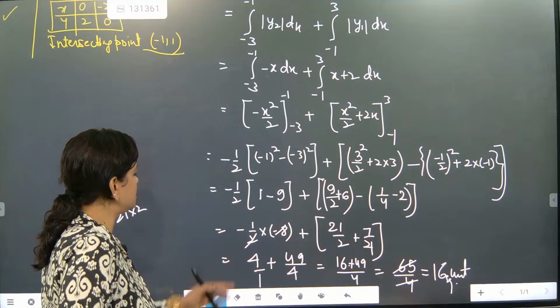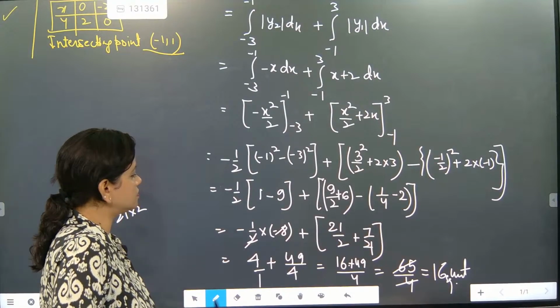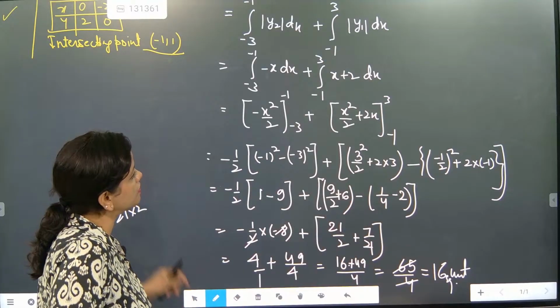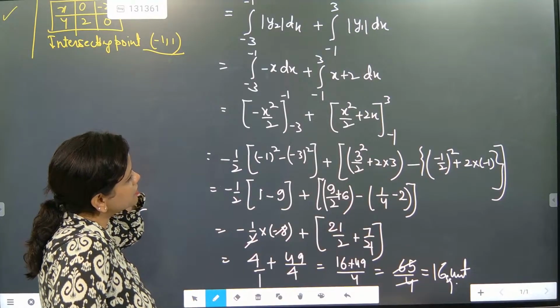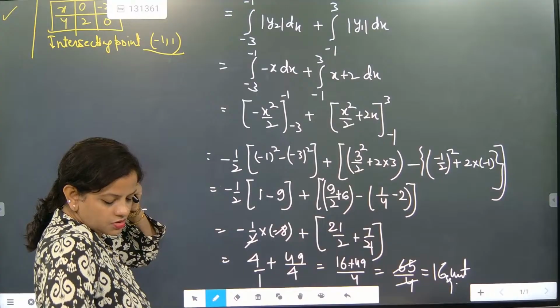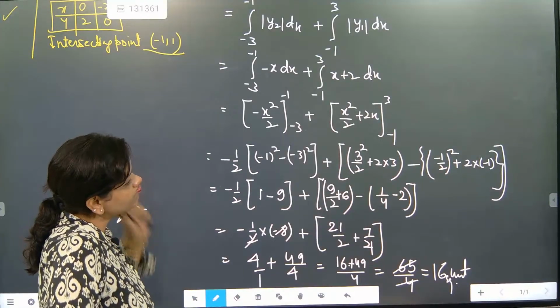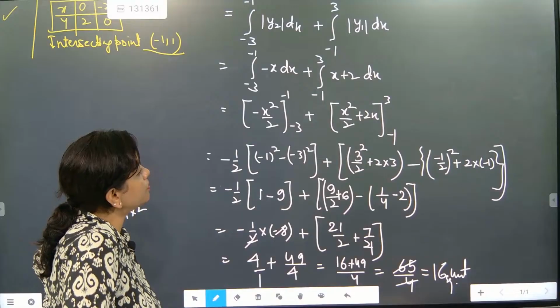Minus 8 is there. It is coming as 4 plus 4. Calculation, 16 square units must come.